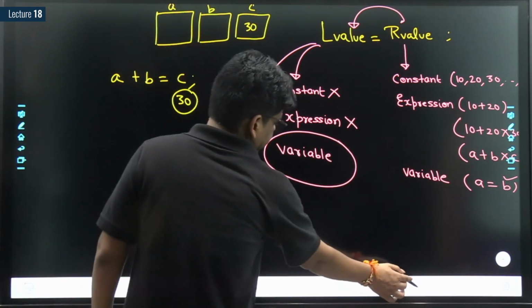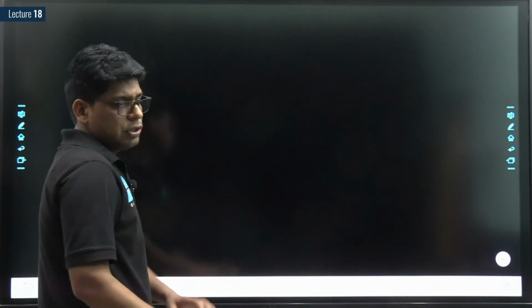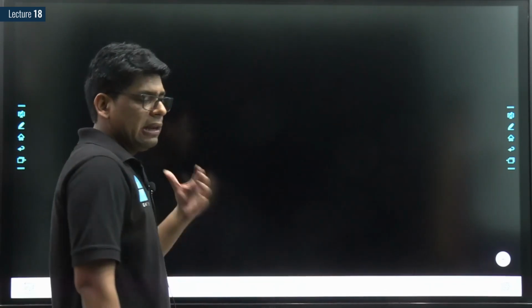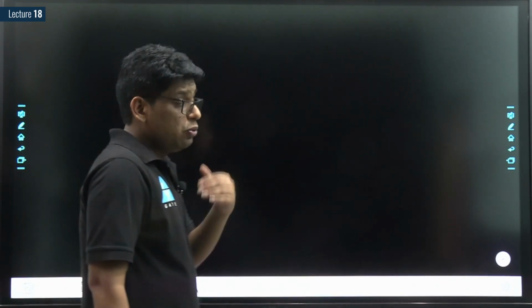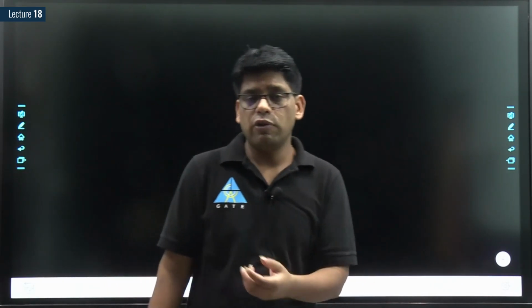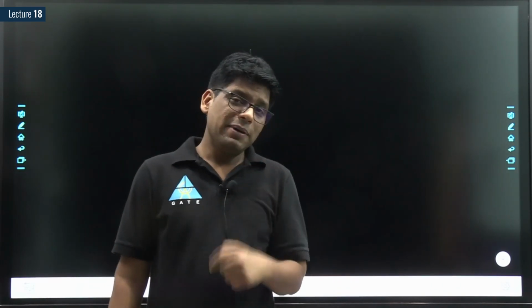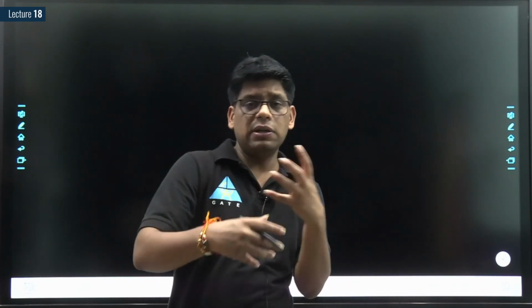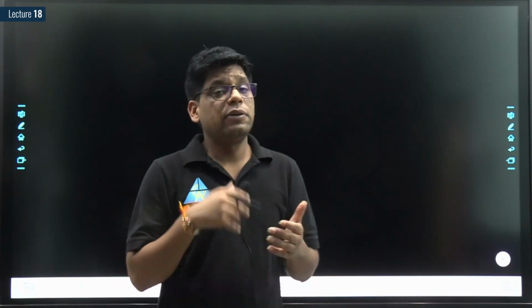Okay, sir. So this was about the assignment statement. L value, R value. The L value must be a variable. It cannot be a constant. It cannot be an expression comprised of operators and operands. It must be a variable. The R value could be a constant. It could be some expression made up of constants. It could be an expression made up of constants along with variables.